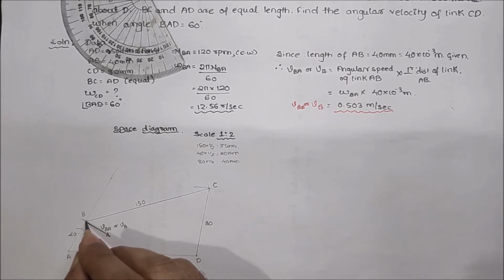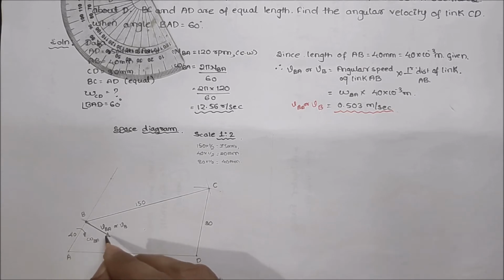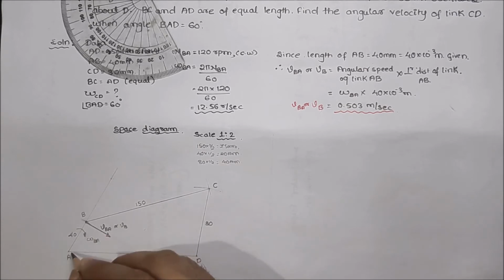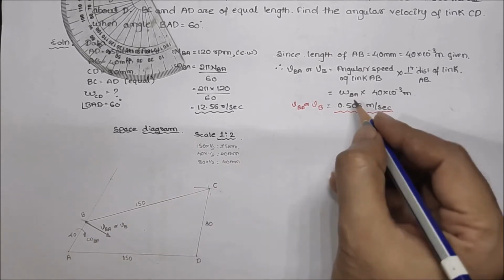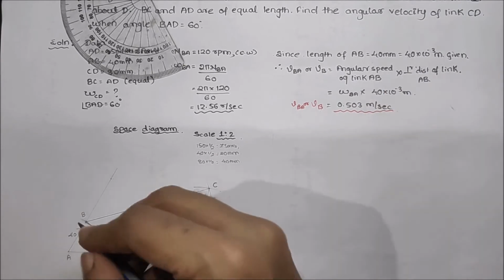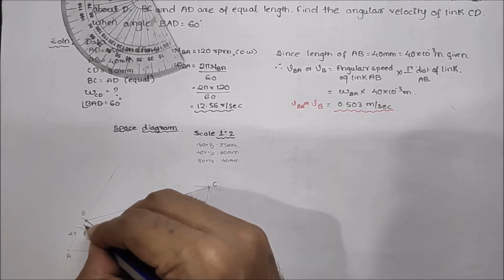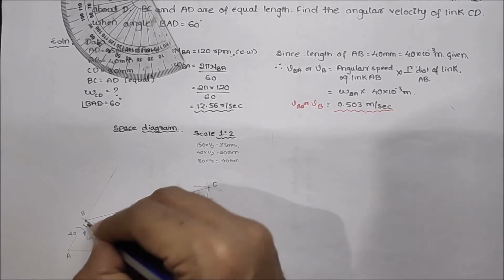So this velocity of B point in the direction of clockwise is equal to the perpendicular distance of link AB and the angular speed, that is this one. So what we have to do is draw one perpendicular sign.